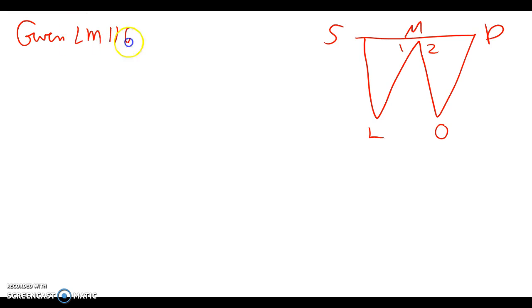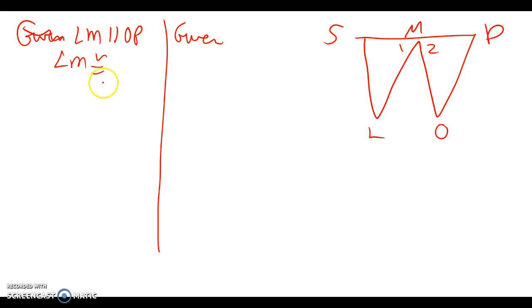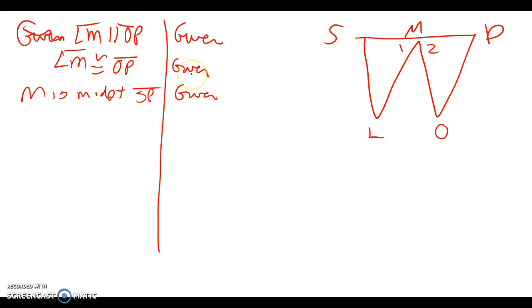LM perpendicular OP. So we'll just say, right, given, the segment LM is congruent to OP, given, and M is the midpoint of SP, and that's a given. Prove that SLM is congruent to MOP.